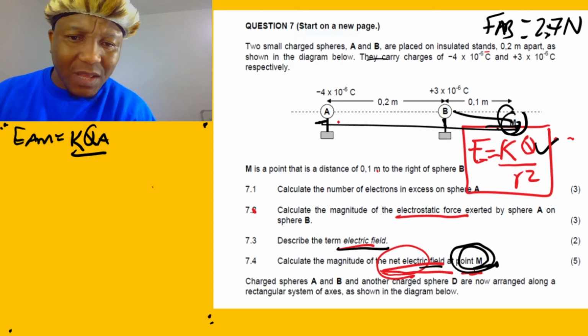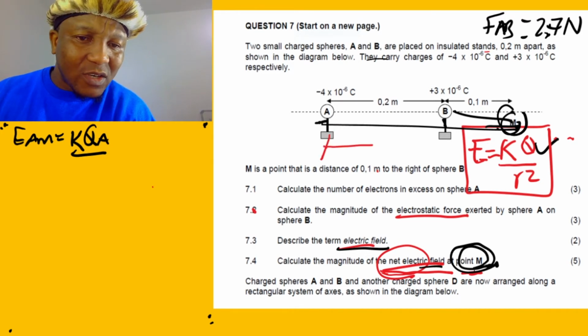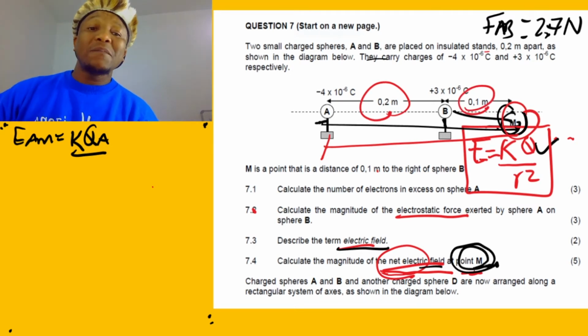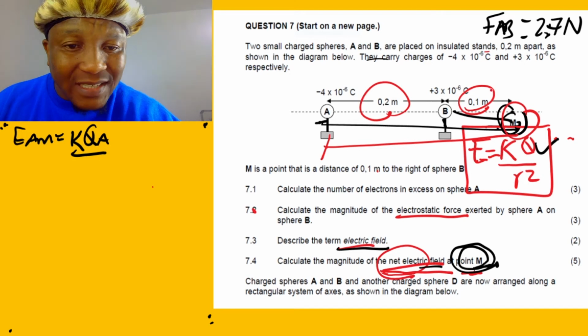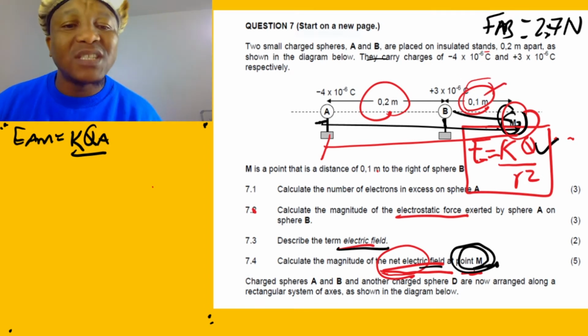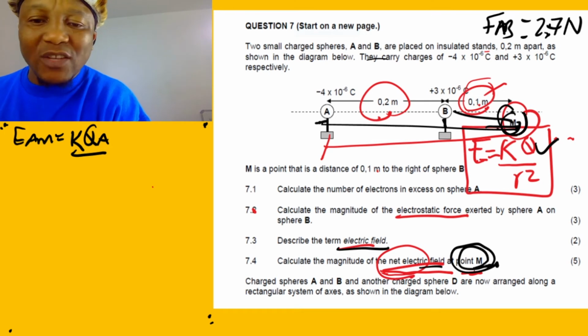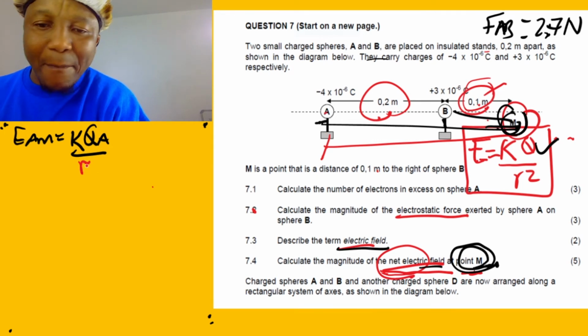What is the distance between them? The distance from A to M is 0.2 plus 0.1, equal to 0.3. All of them have to be in meters. If this one is in centimeters, change it. But for now we're lucky, so it's 0.3, and the distance squared is AM squared.